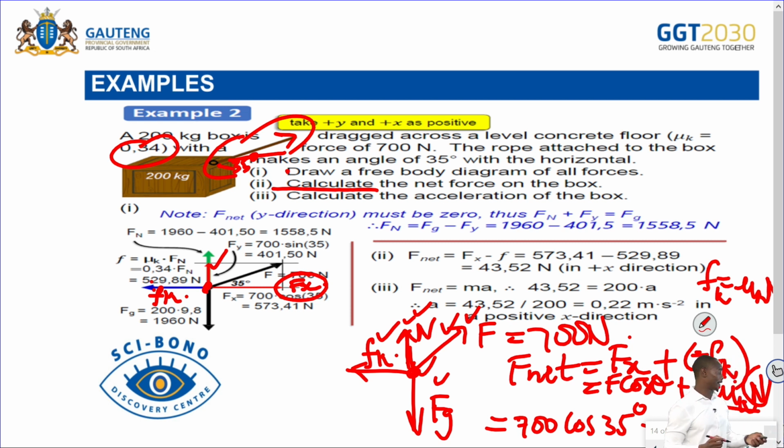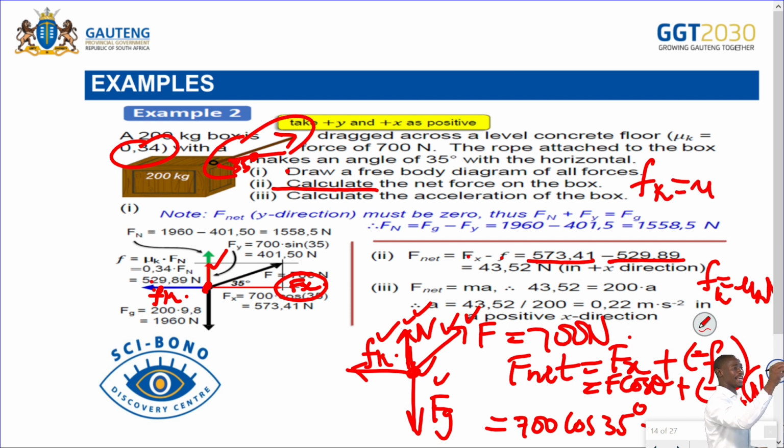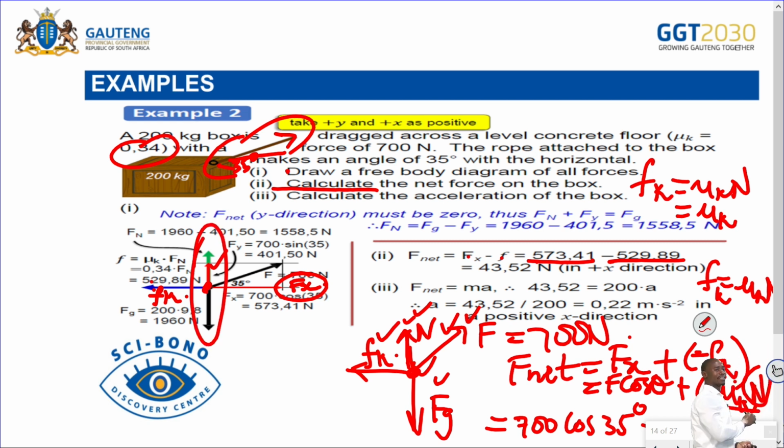So let's check here. This is Roman figure 2, Fx and F, right? This is the magnitude of Fx, and this is the magnitude of Fk. How did they get this Fk? Remember, your Fk is given by mu k N, but what is my N here? How many forces are acting perpendicular to the surface?